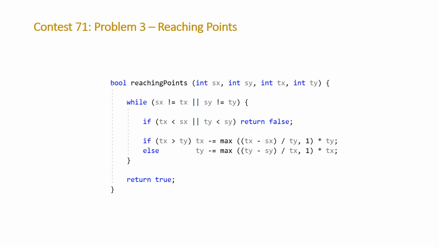So for instance, if your tx was initially 10 and your ty was 1, you would keep subtracting 1 from 10 until they were both equal to 1. So you can just get that number of subtractions by taking the difference and then dividing it by ty or tx for the corresponding examples. And note that we have this maximum because we always need to subtract at least 1. And this will give you your solution.